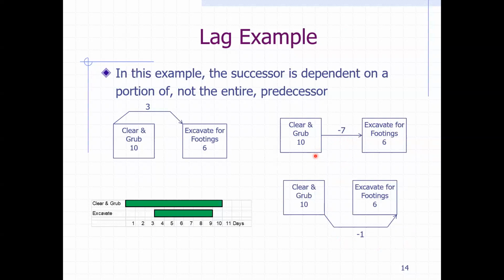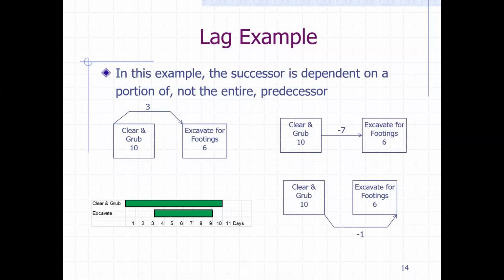If we have the first activity with 10 days duration and the second activity with 6 days duration, and the negative lag is 7 days, this means that this activity can start on the third day of 10. So imagine if this is 0.